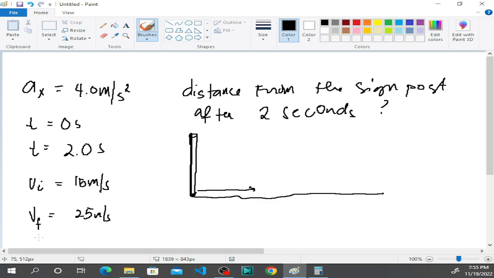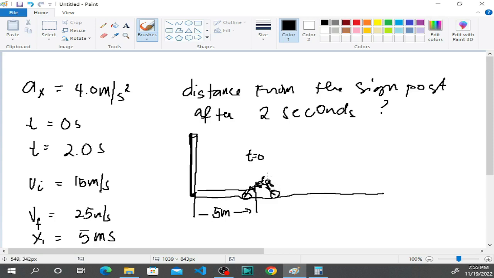Our initial distance away from the signpost is x sub 1. Let's call that x sub 1, and that's going to be 5 meters away from the signpost. So we put the values there. Then this is actually t equals 0, and then we have the motorcycle here.